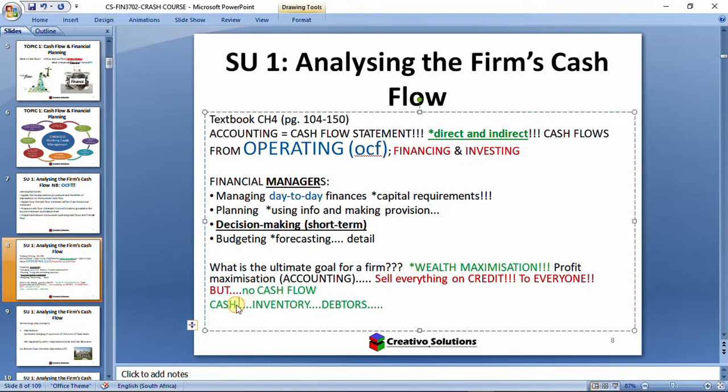So if I had 100 Rand, I'm going to have to buy inventory worth 100 Rand and do something to the inventory, so change it, transform it, and then sell it to somebody at 200, that somebody willing to pay. I could buy 100 Rand worth of raw material and convert it into something that someone would pay me 200 Rand for. Up until that point, that's looking good. This is called the cash conversion cycle, something you will see in one of our modules.